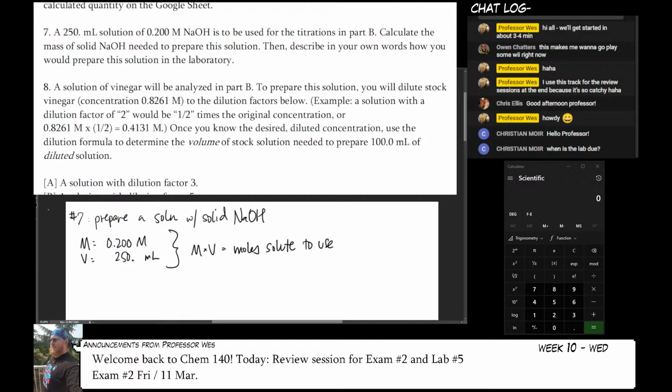Now, the only issue that you can really run into here is that this is in milliliters. So we need to turn this into liters. Actually, I want to write it like this. So there's my molarity times my volume, which I'm going to write like this.